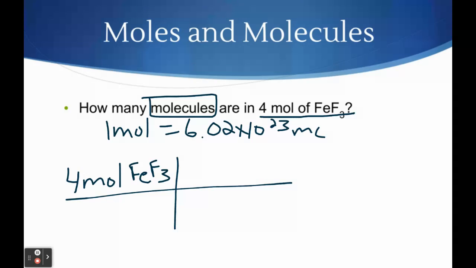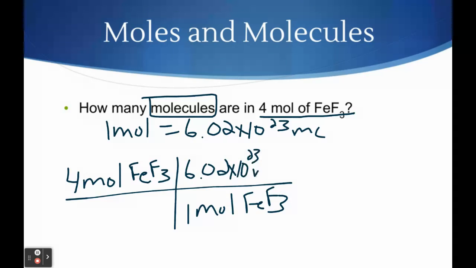So now you need to, again, make sure that what you're writing on the bottom, the units will cancel out. So we want to write 1 mole on the bottom of FeF3 and 6.02 times 10 to the 23rd molecules of FeF3. And you can go ahead and abbreviate molecules as MC.